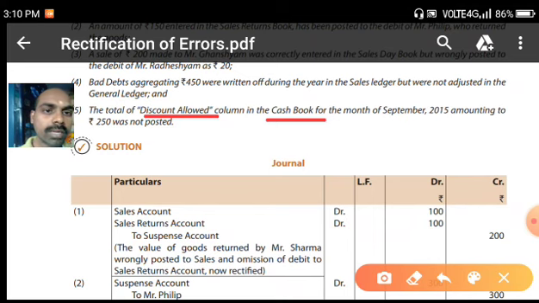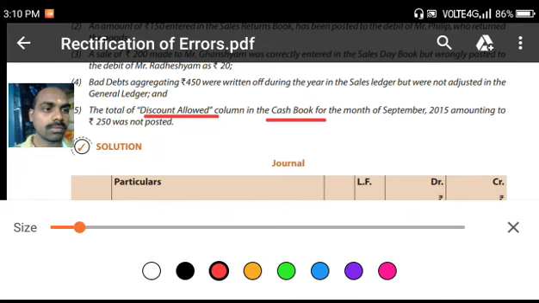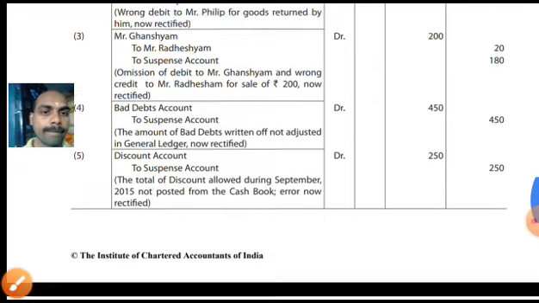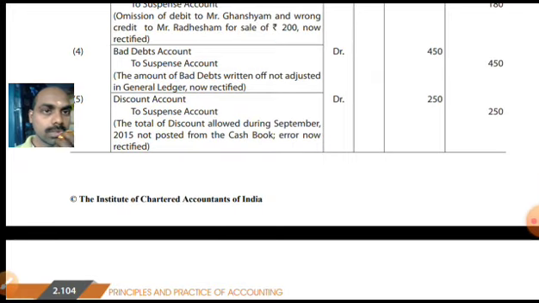Now we have to post it. So discount allowed will be debited and suspense account will be credited. Simple. Discount allowed account debit to suspense account 250. Clear?